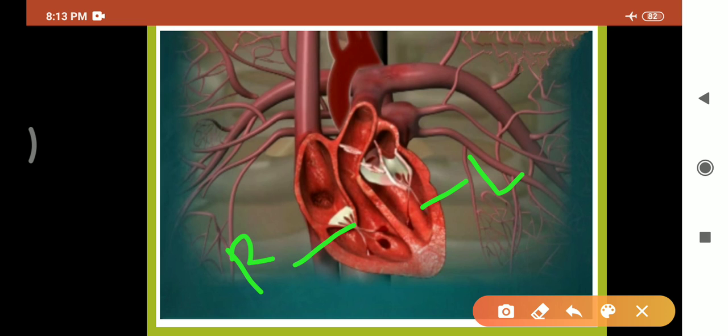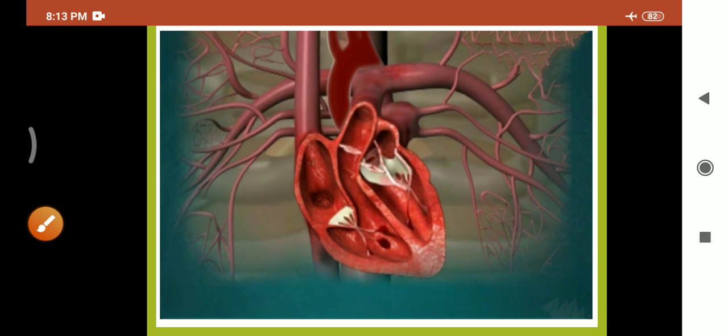Don't be confused about the sides, because the whole working action of the heart depends on the sides. The sides are divided with the help of the septum. Of the four chambers, the upper chambers are called the atria, and the lower chambers are called the ventricles, right?